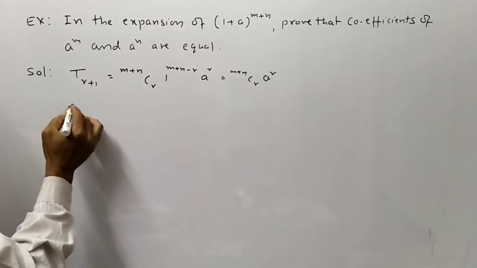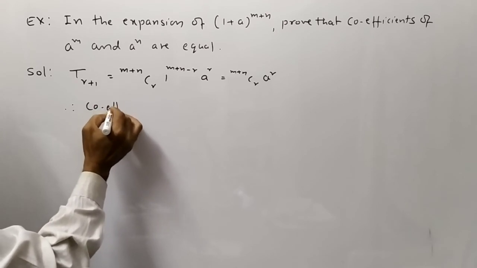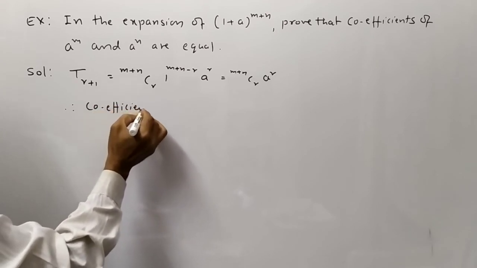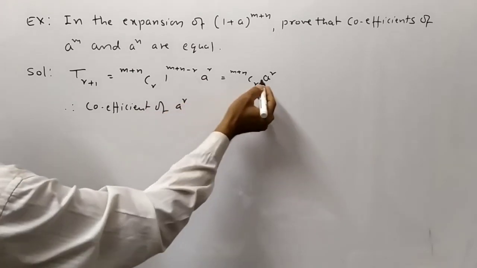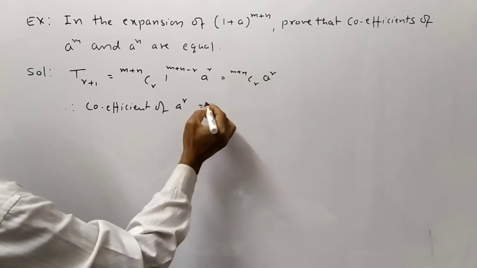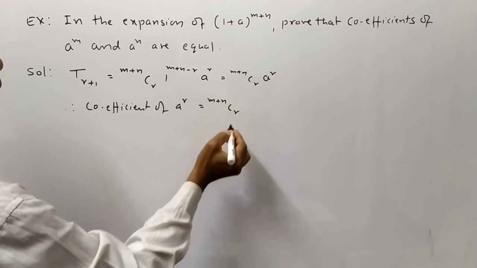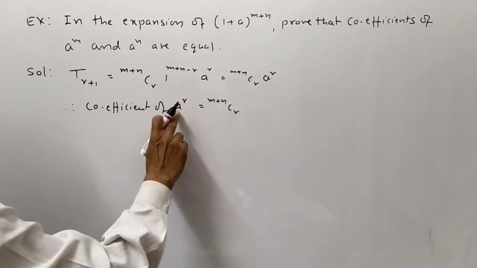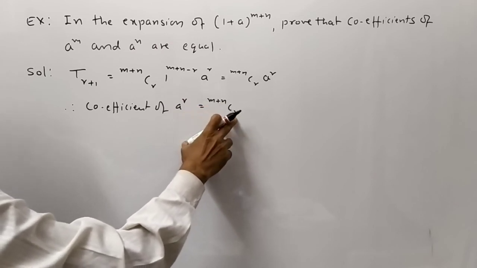From this we can find coefficient of a raised to the power r is equal to (m plus n) Cr.